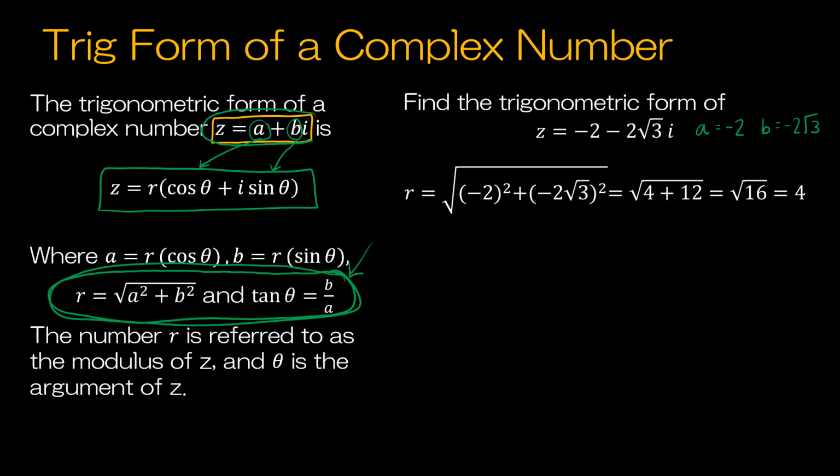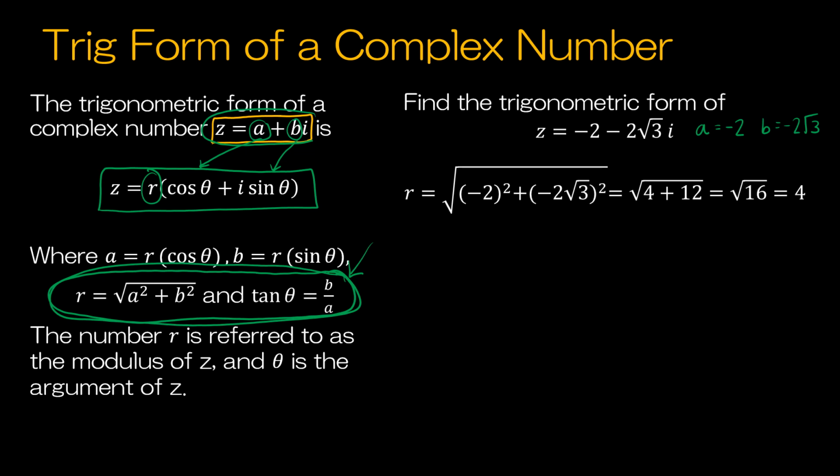Remember, when you square -2 radical 3, it's -2 squared and radical 3 squared. So this guy turns into 4 and this guy turns into 3 because the square root and squared are inverses. So that's what gives me the 12. So the square root of 4 plus 12, or the square root of 16, which gives me 4. So that means r is 4.